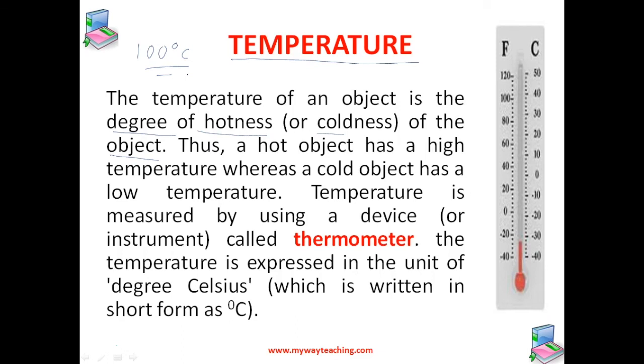This temperature is measured using a device called a thermometer. As you can see in this particular figure, this is a thermometer, and it has a scale marked on it, which is used to read the temperature. The most common temperature scale on thermometers for measuring temperature is the Celsius scale.